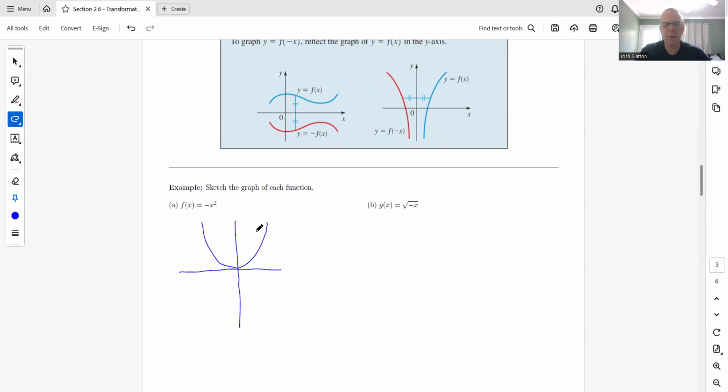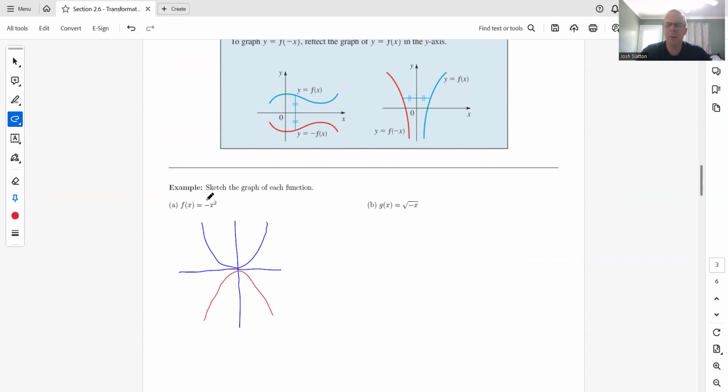So there's our x squared, and then if we want to do negative x squared, that will just flip it upside down. And so all this is doing is, if you have y equals x squared, all of those y values are positive because you square any x.